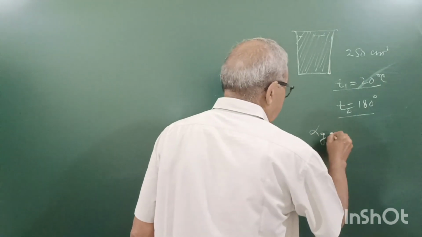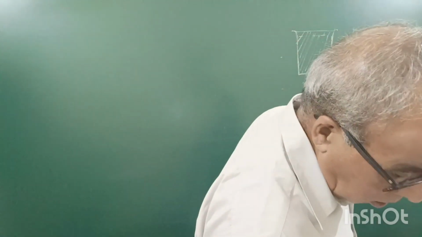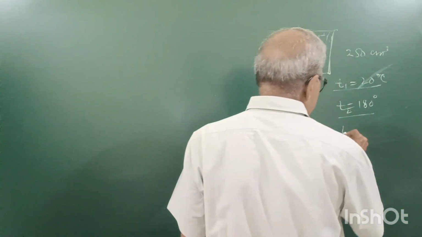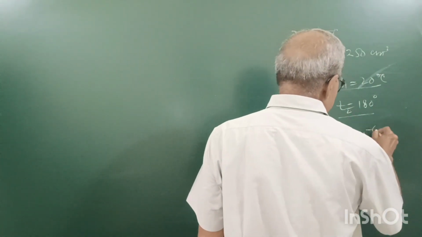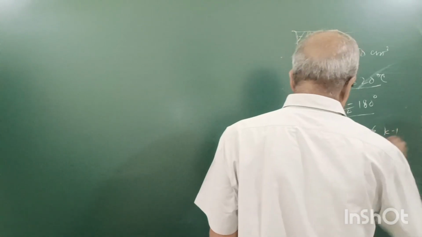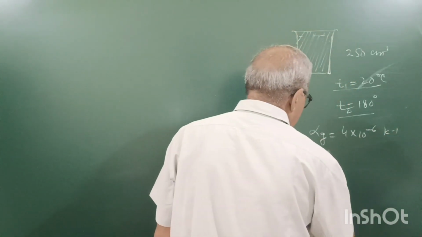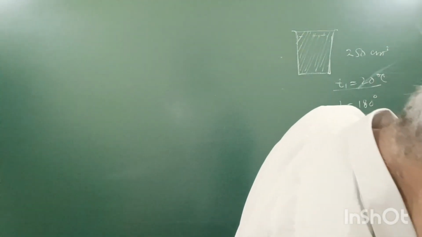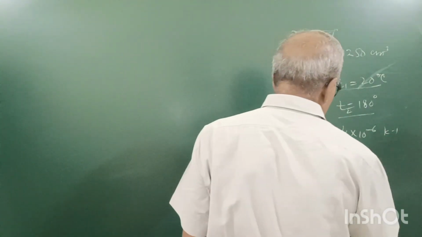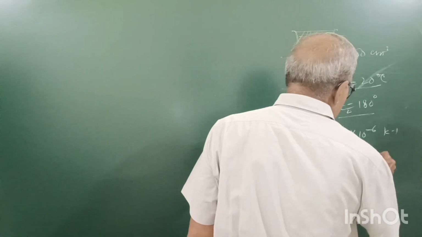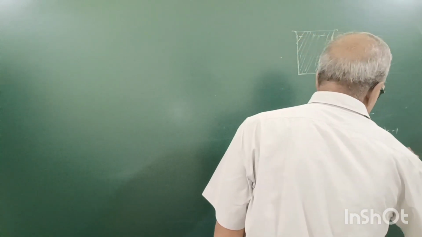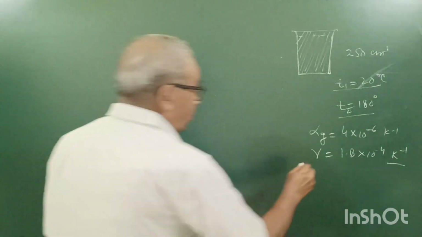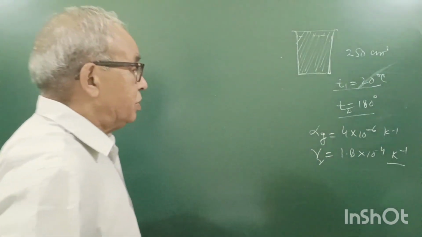Alpha G of glass is given, 4 × 10⁻⁶ per Kelvin, and gamma real for mercury is 1.8 × 10⁻⁴ per Kelvin.